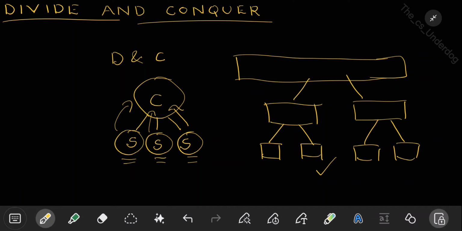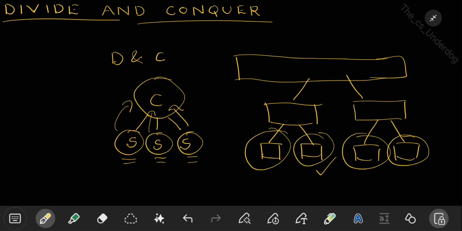Whenever you can directly solve, you will solve the problem, find the solution for all these smaller subproblems, and then you have to merge these solutions back so as to find the solution for the parent problem. Like this, if you keep merging, finally you will reach the top position where you will have the solution for the original problem. This is what is called a divide and conquer algorithm.